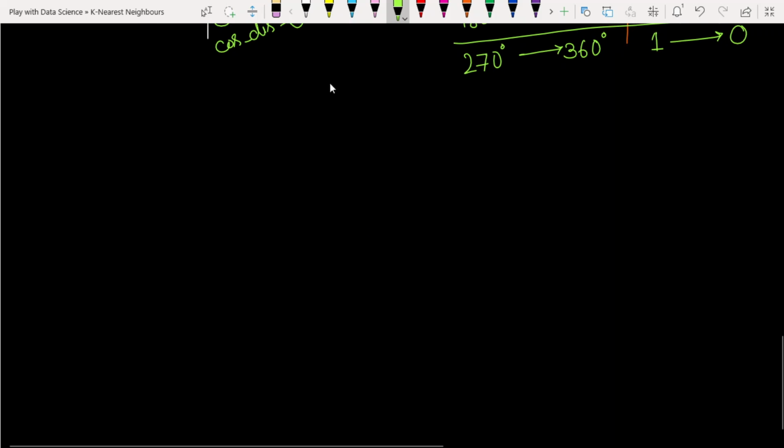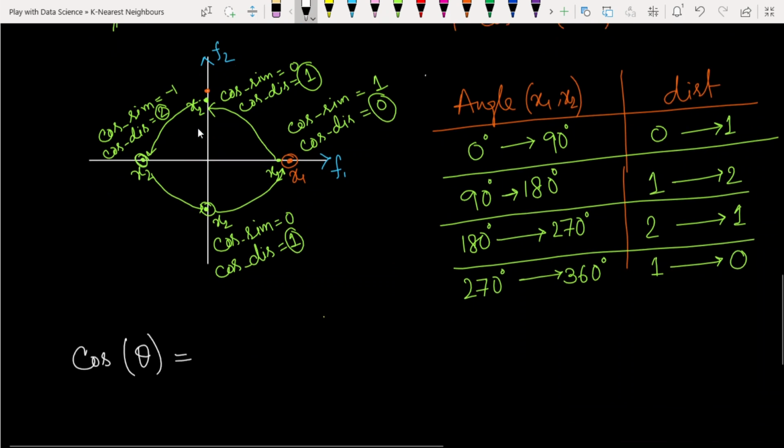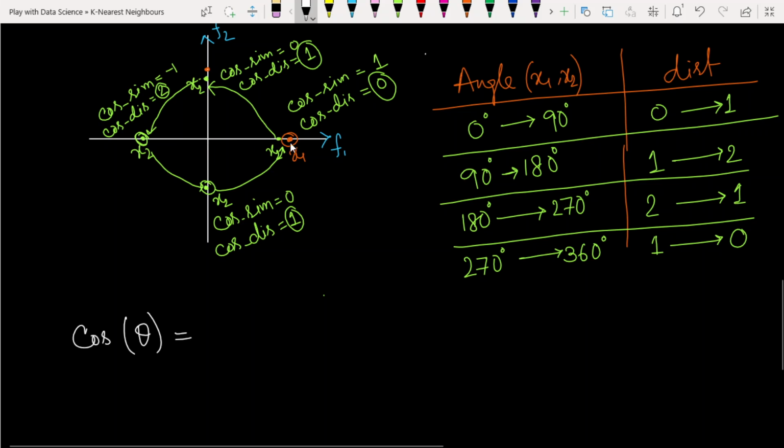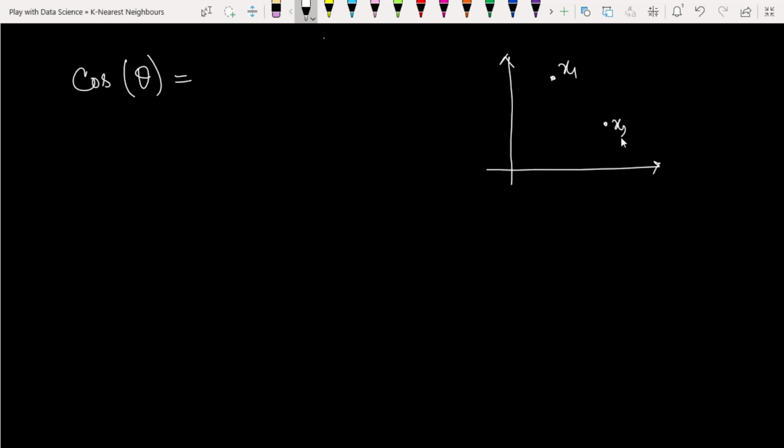Now think about the formula of cos theta. Just think what is actually cos theta. Suppose let's draw this picture again. Suppose this is our x1 point and this is our x2 point.